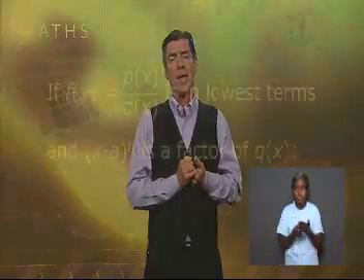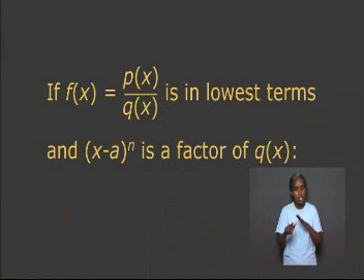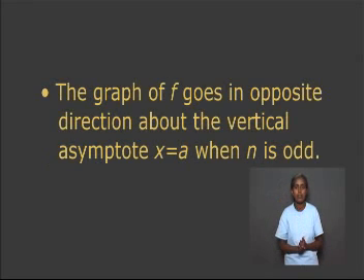There are certain conclusions that we may draw from this exercise. If a rational expression is in lowest terms and (x - a)^n is a factor of q(x), then the graph of f goes in opposite directions about the vertical asymptote x equals a when n is odd.